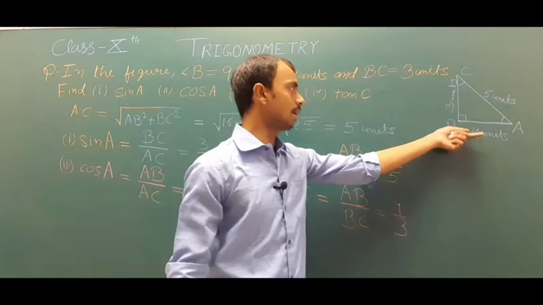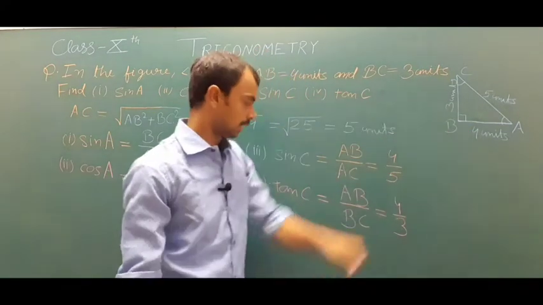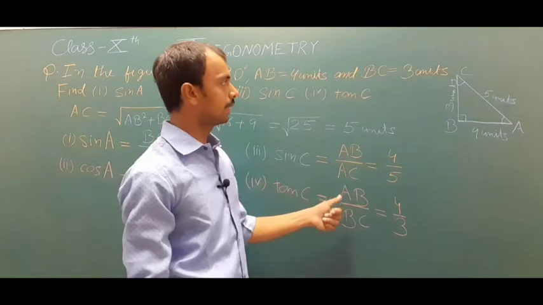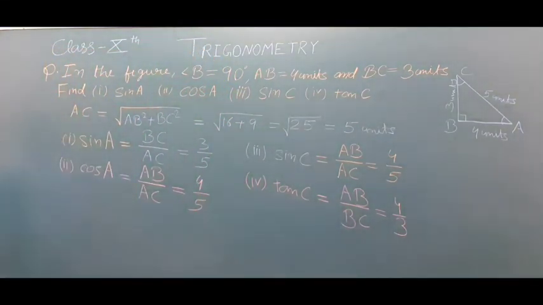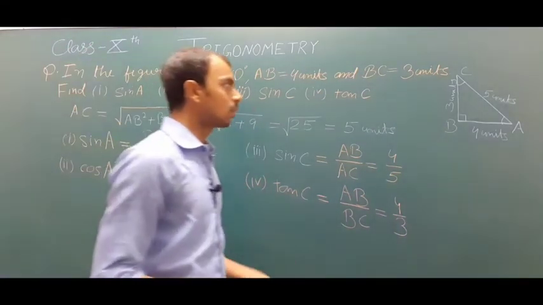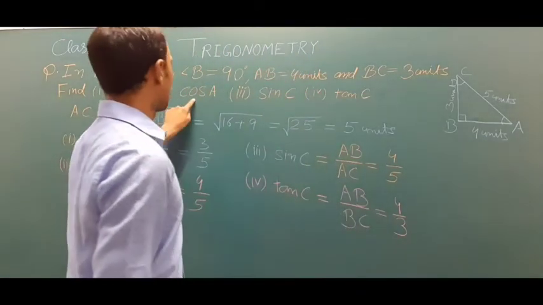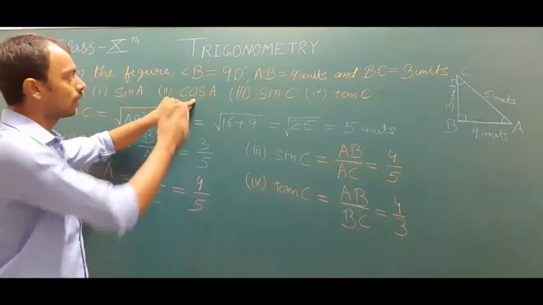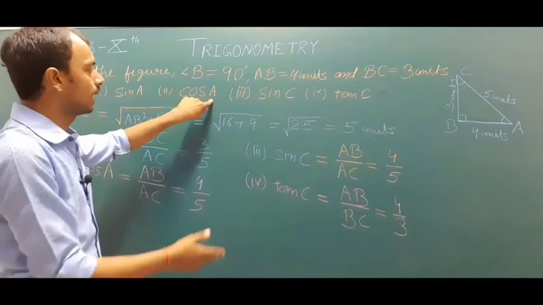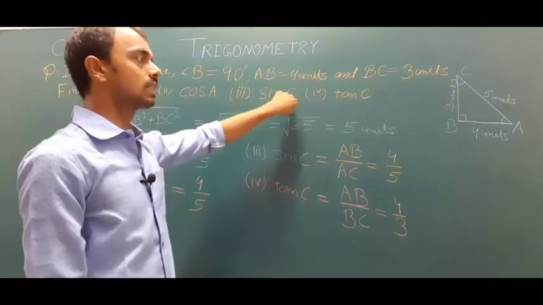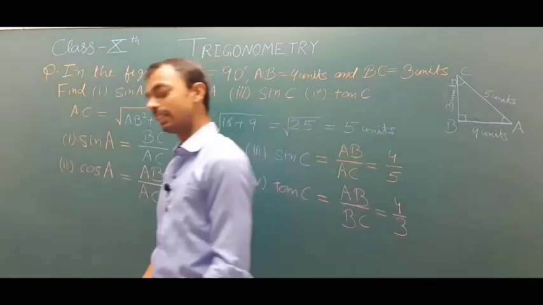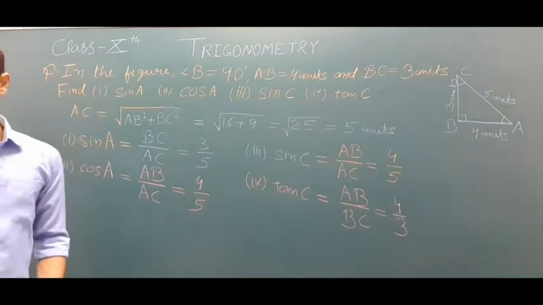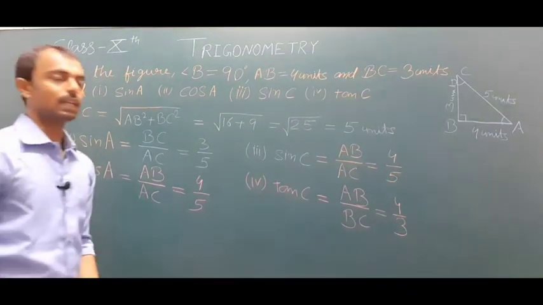So opposite side is AB and adjacent side is BC. Now value of AB is 4 and value of BC is 3. So the value will be 4 upon 3. So these are the solutions for your question. Similarly, you can find it out for sine, cos, and you can find it for all the ratios of A. You can find all the ratios of C using this triangle and using the measurements given. This is very easy for all the students if you understand properly.